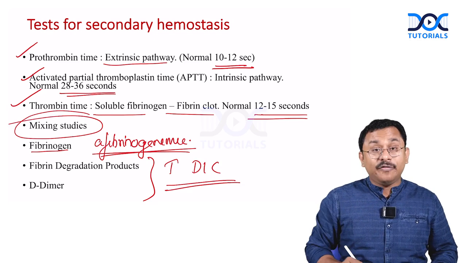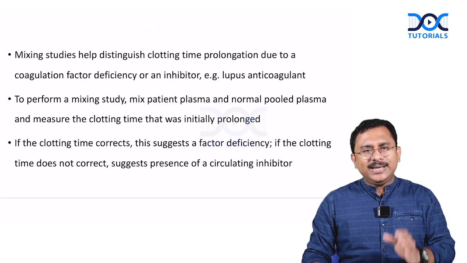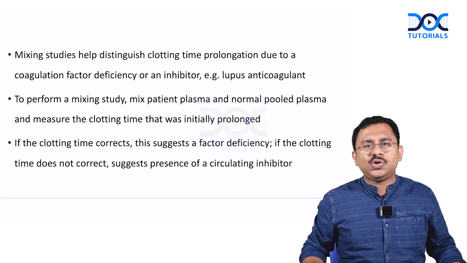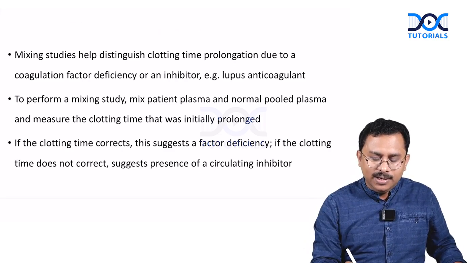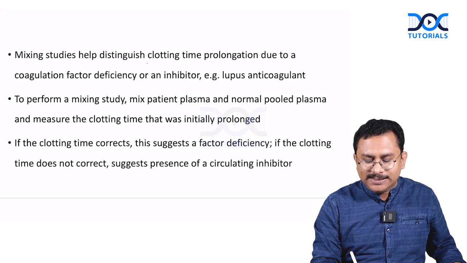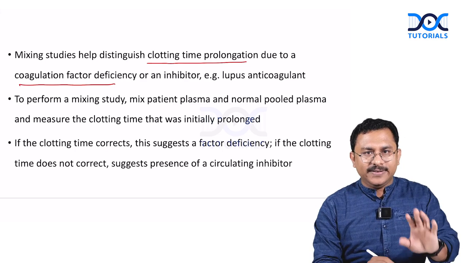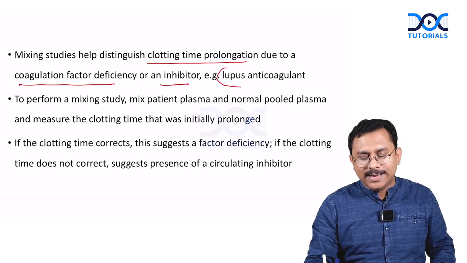And what about the role of mixing studies? Again, important. Mixing studies are something that you should do in suspected secondary hemostatic disorder, wherein you will be able to know whether the clotting time prolongation is due to a clotting factor deficiency or due to an inhibitor, for example, lupus anticoagulant.